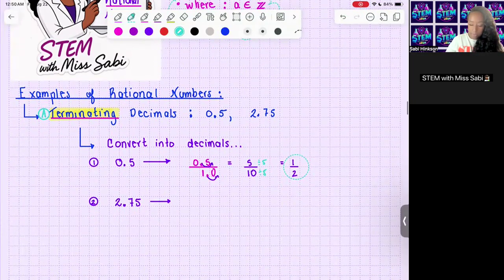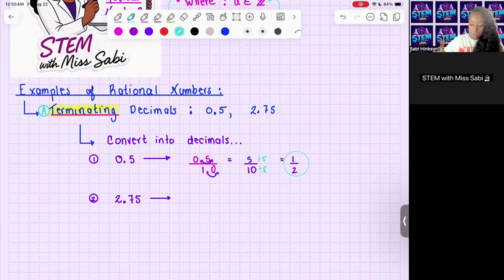All right, second example. So we have 2.75. So again, I'm going to do the same thing. I'm going to put the 2.75 over 1. And then how do I get rid of the decimal place? I move it once, twice, right?